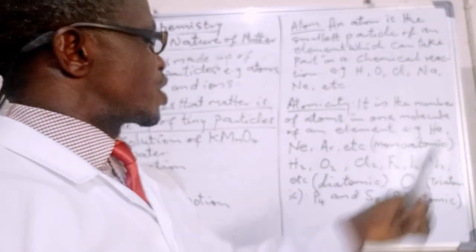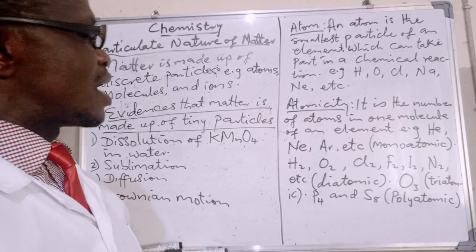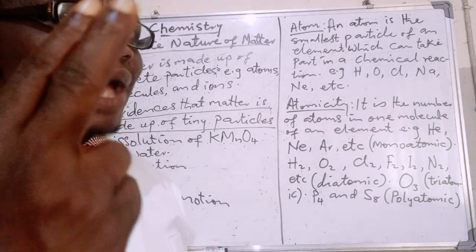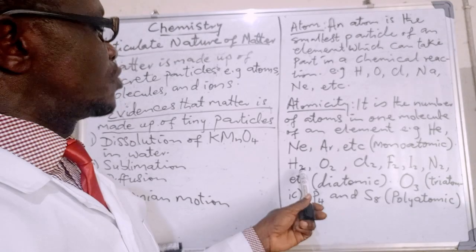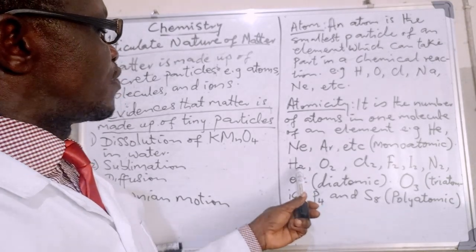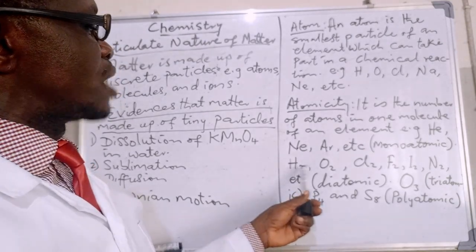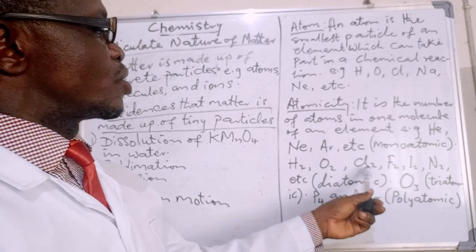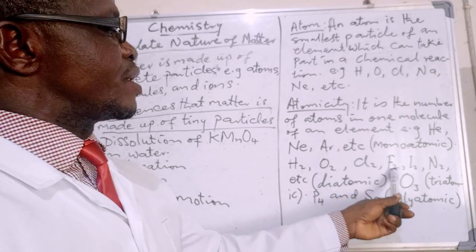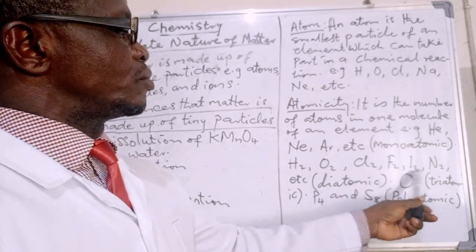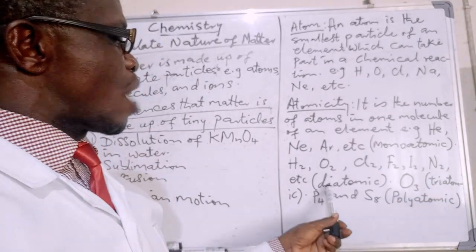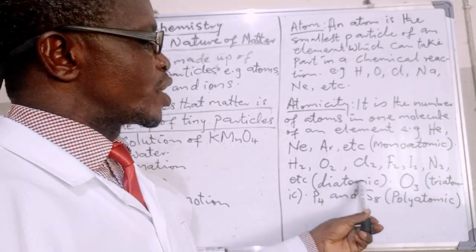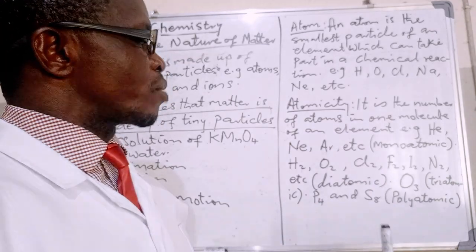They are all monatomic. Some substances are diatomic, that's two atoms to one molecule. We have hydrogen gas, oxygen gas, chlorine gas, fluorine, iodine, nitrogen, and so on. They are all what? Diatomic molecules. That's two atoms to one molecule.